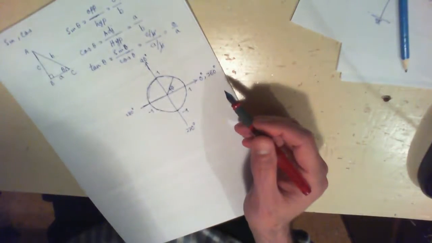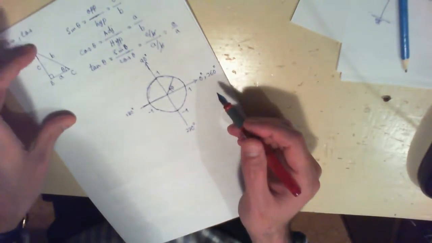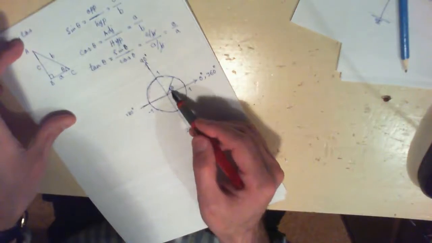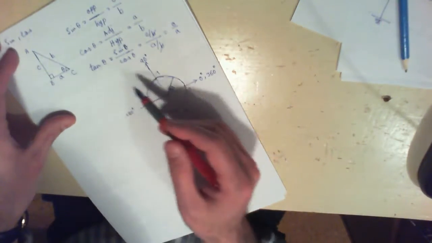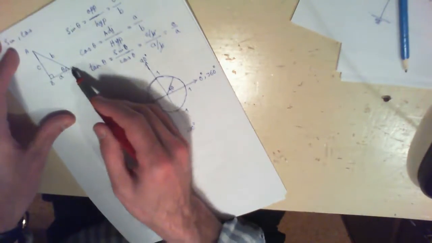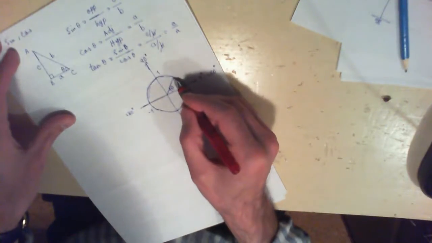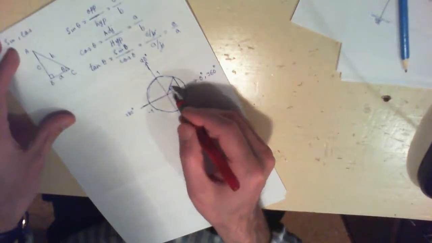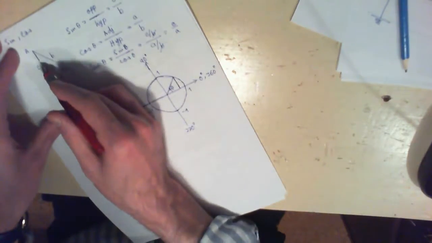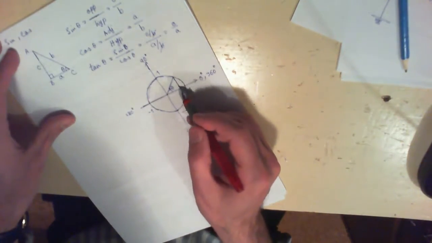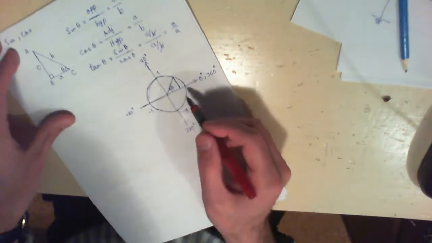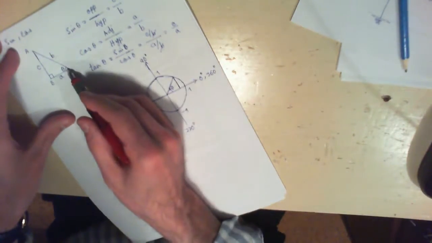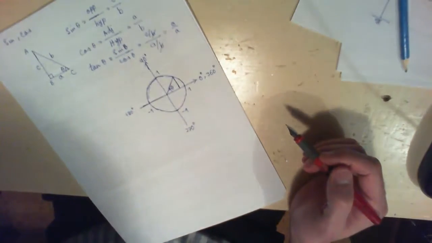Okay, and now imagine that the same triangle, with this angle, is moved over here. This side has been moved over here, this side has been moved over here, and this angle is this angle over here, right?